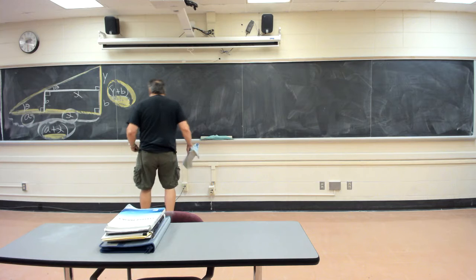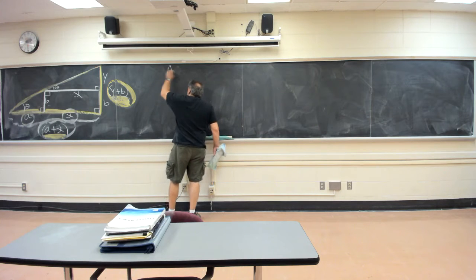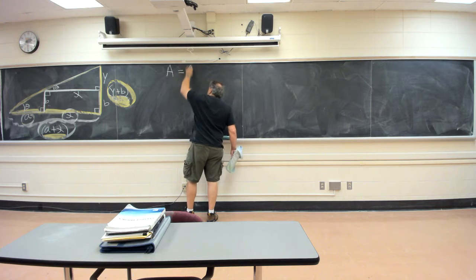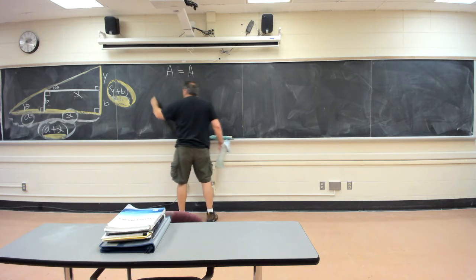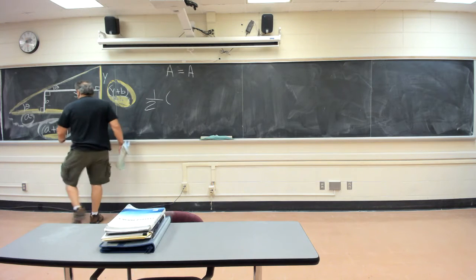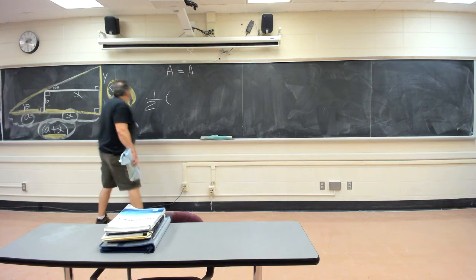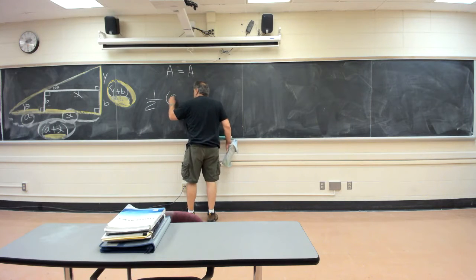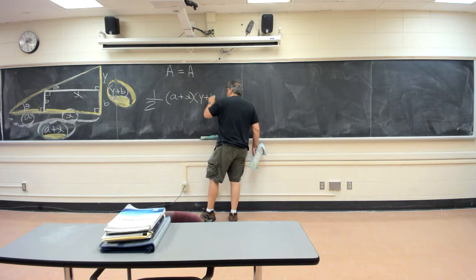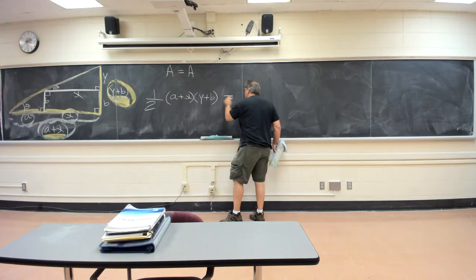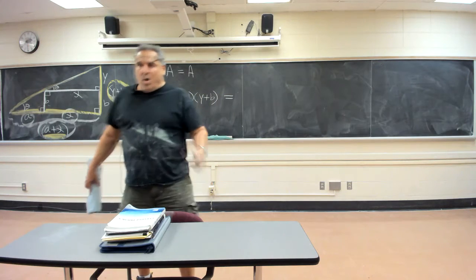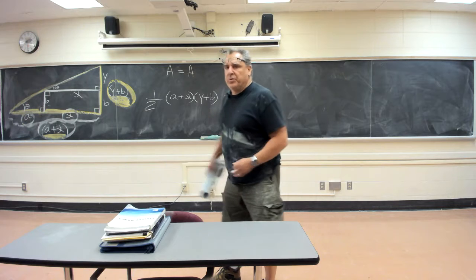Look, total area equals total area. 1/2 base, here's the base, a plus x. Here's the height. And that is the area. 1/2 base times the height is the area of the huge triangle.